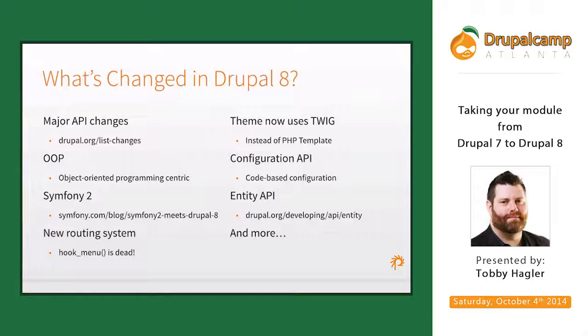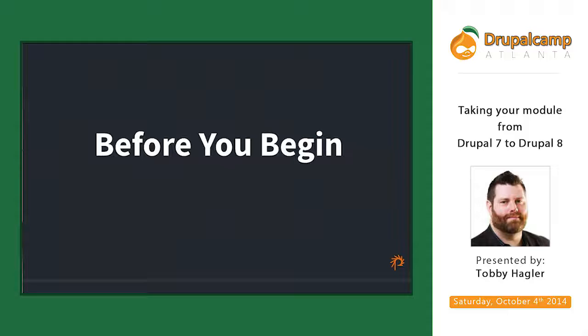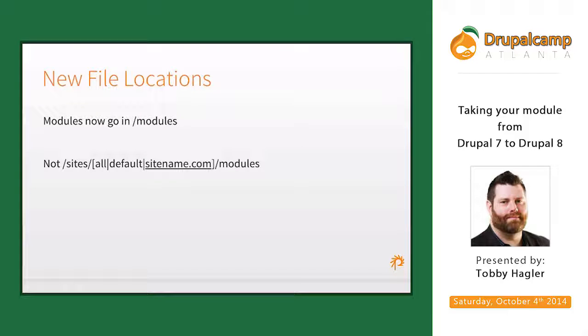Well, in Drupal 8, that's been kind of taken care of. It's gotten a lot of TLC. It's been given a pretty thorough overhaul. So there's just a lot of those types of changes that are important to know about core Drupal before you begin.